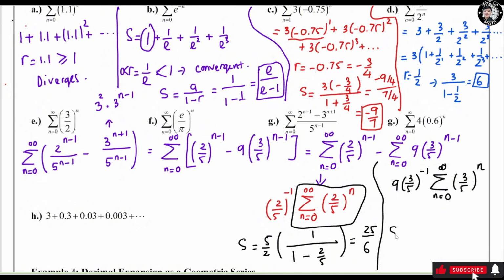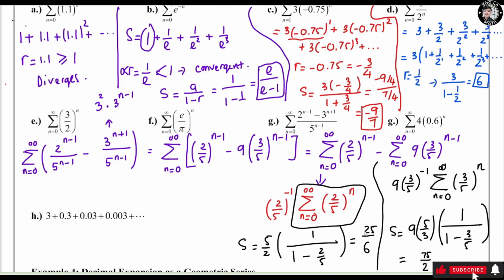So the sum is going to be 9 times 3 over 5 to the negative 1, which is 5 over 3, times 1. The first term is 1, and 1 minus the common ratio is 3 over 5, because 3 over 5 is less than 1 and greater than 0. So this series is convergent. Now if you simplify this one, it's actually 75 over 2.